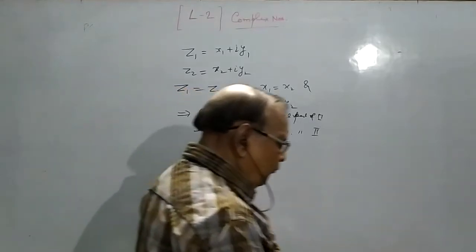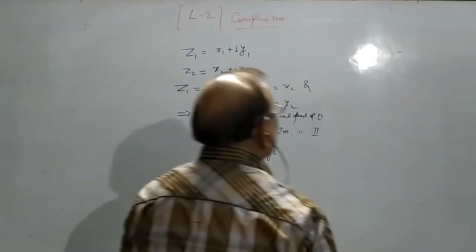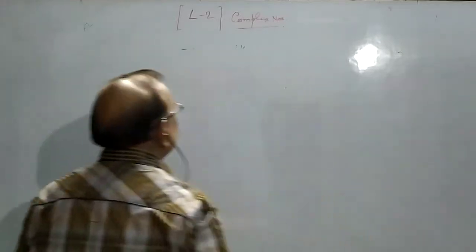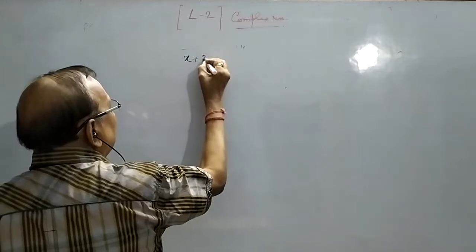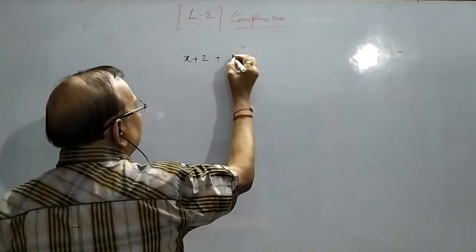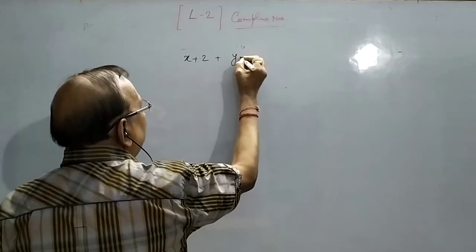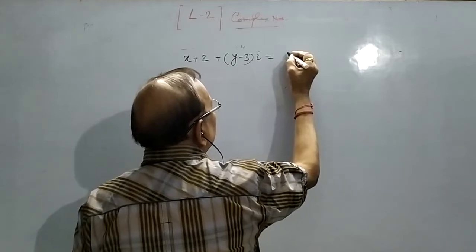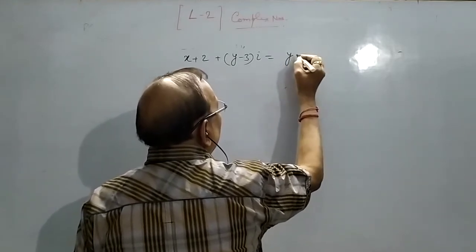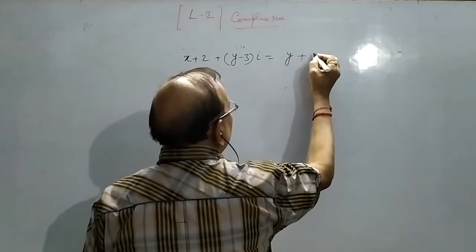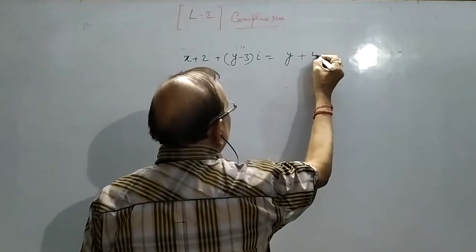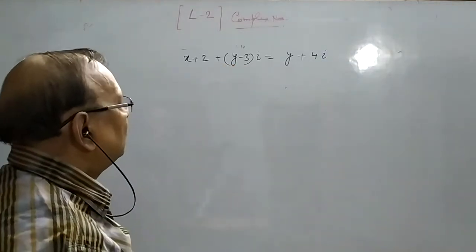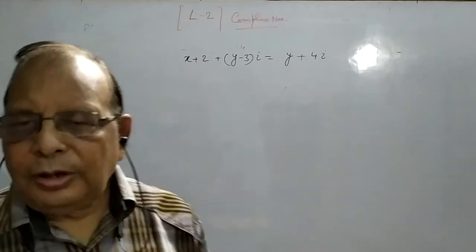Similarly, if we write x plus 2 plus (y minus 3)i is equal to y plus 4i, so we have to solve for x and y.